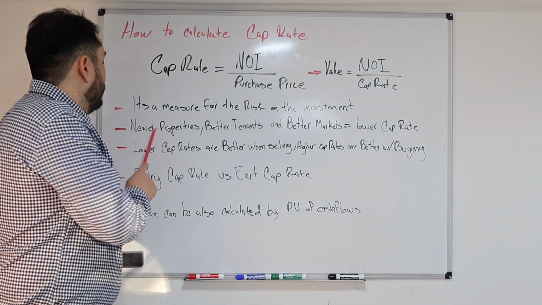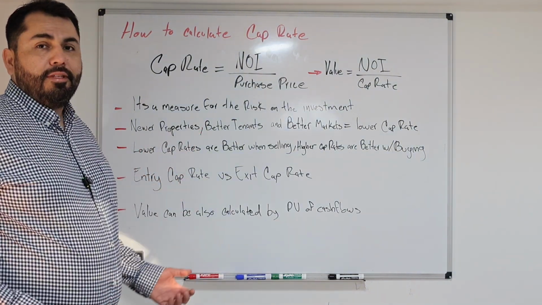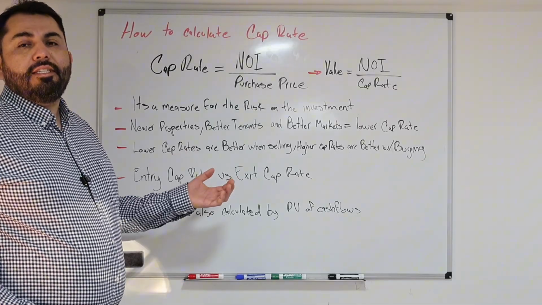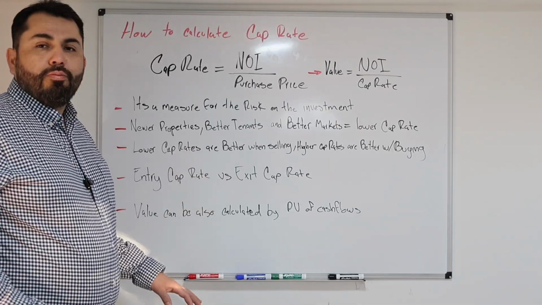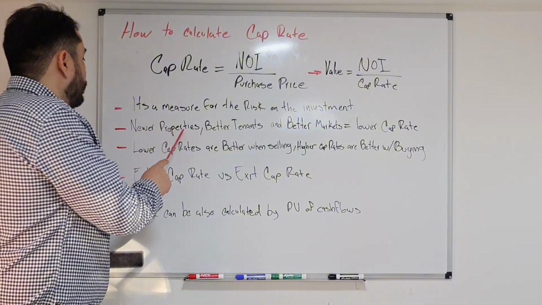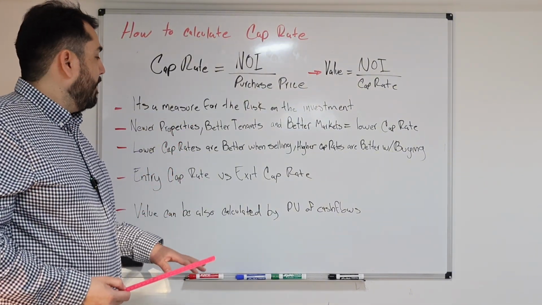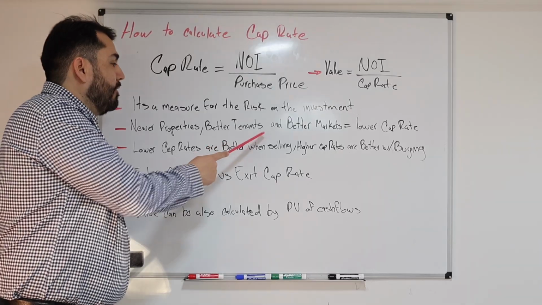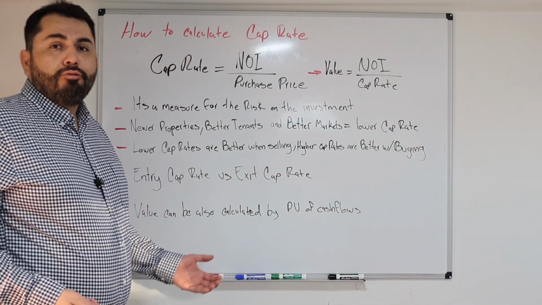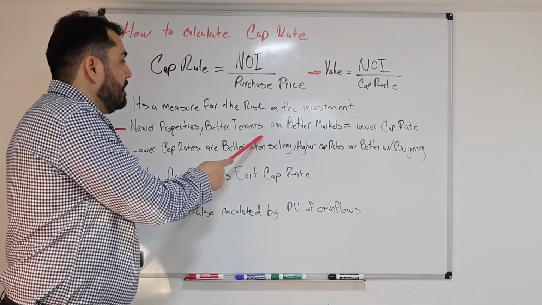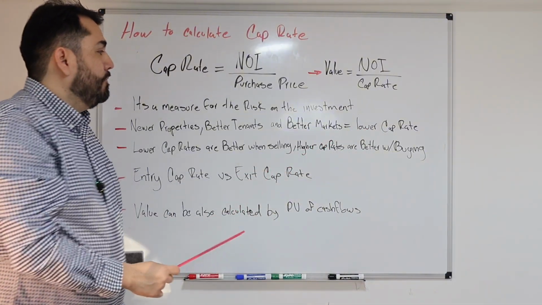For example, newer properties are less risk than old properties, so newer properties tend to have a lower cap rate. Better tenants, again, less risk. So better tenants, lower cap rate.